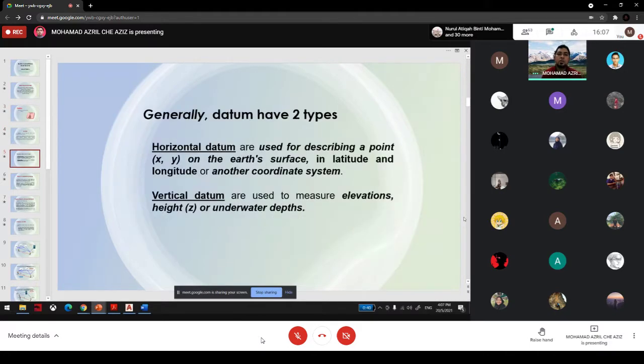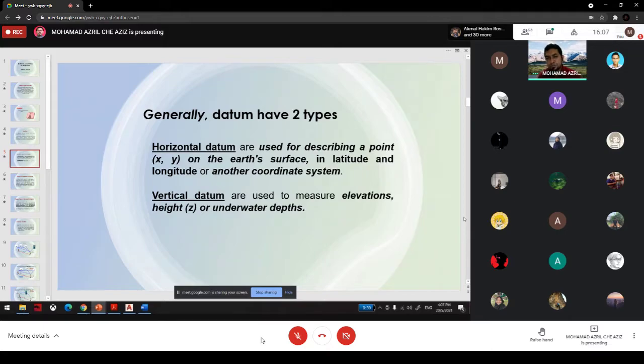Okay, generally datum has 2 types. One is horizontal datum and the second is vertical datum. Horizontal datum is used for describing a point, x and y, on the Earth's surface in latitude and longitude or another coordinate system.